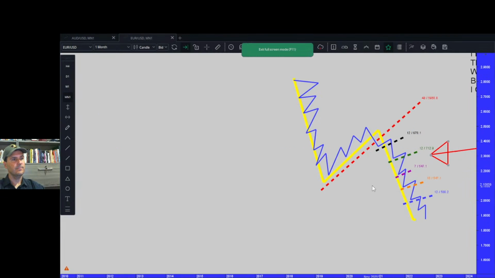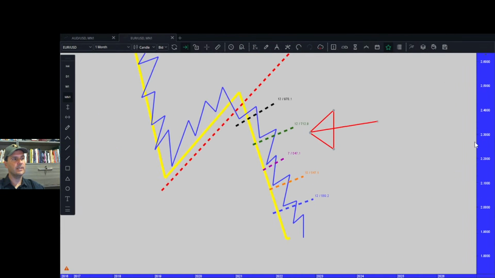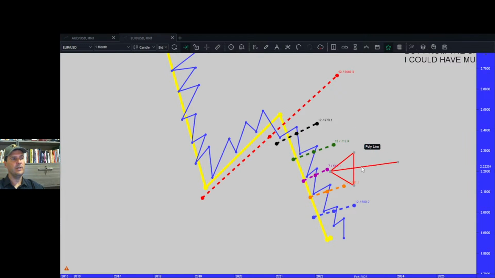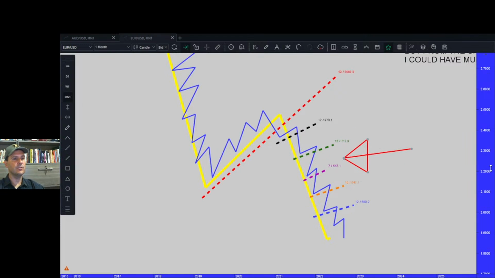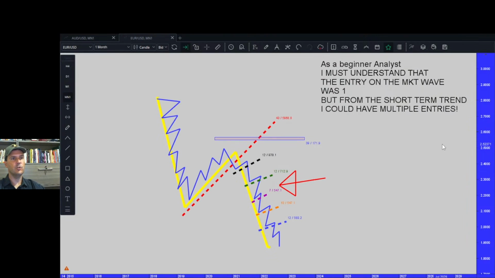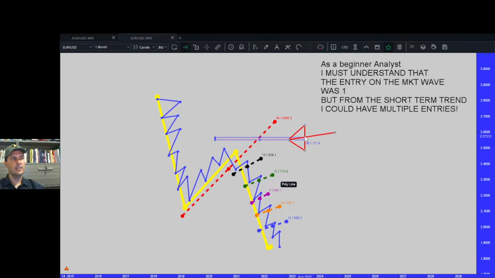If you enter at the green, or if you enter at the violet, and you put the stop loss up in here, if you want to be one of my traders or work with me in the future, hear me out, this is wrong. Boss, but this is the safest place. No, it's not.